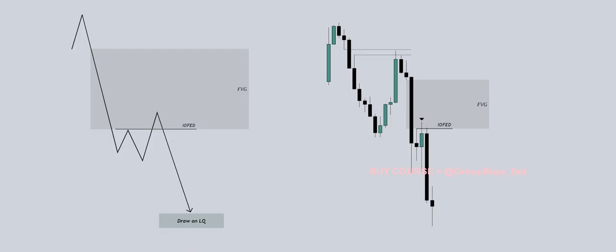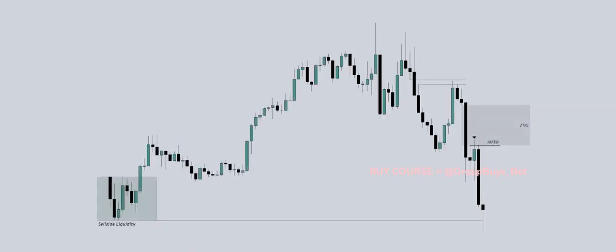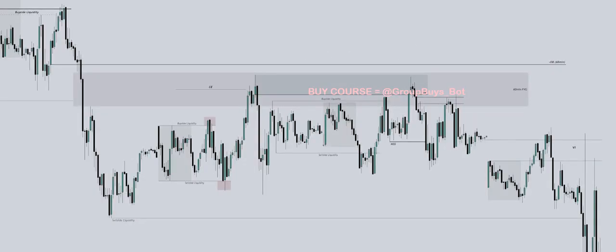This usually happens on the late phases of a market maker model, when the price is getting close to the original consolidation, which is the original draw on liquidity that we're focusing on, so the price usually stops building those complex patterns there as it's in a rush to complete the model and just run the target.